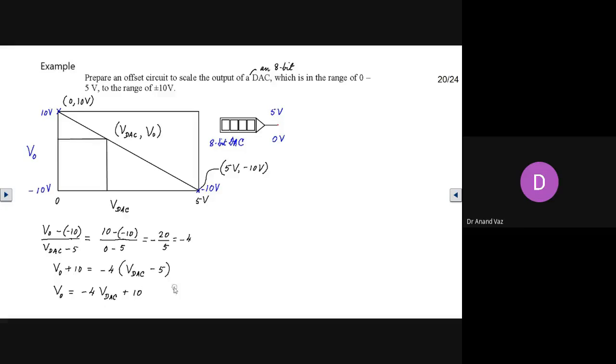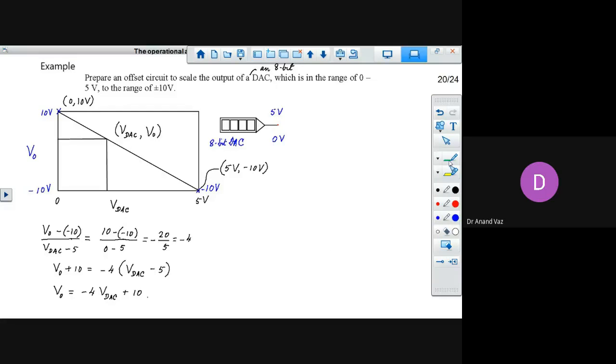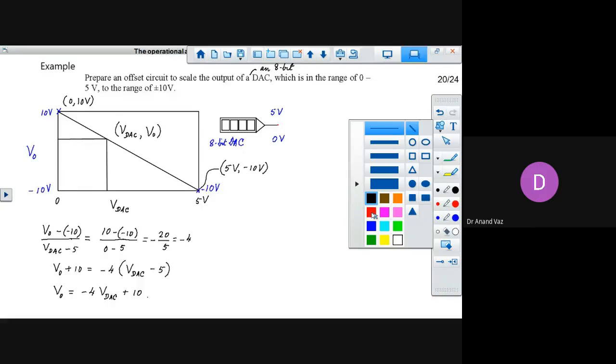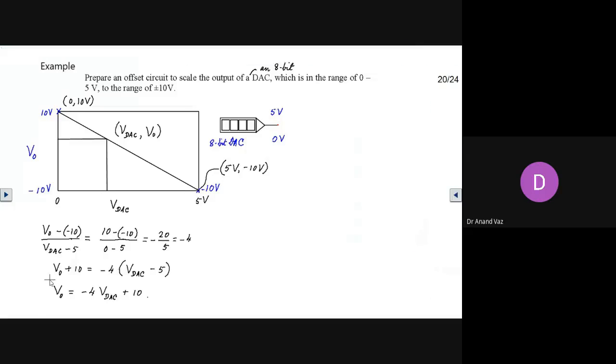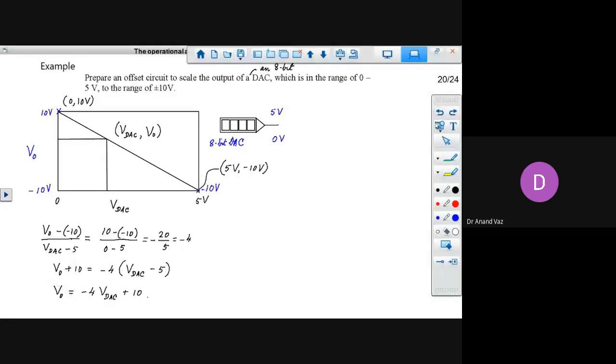So in terms of volts, this is our expression that we are going to have. So we will place this in a box. This is what we have to implement.